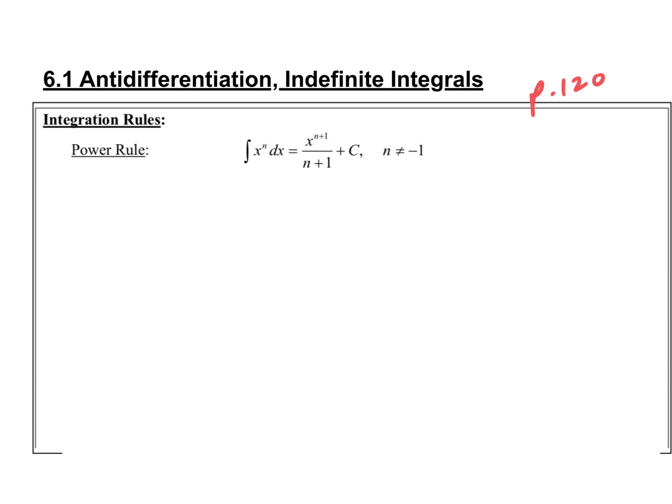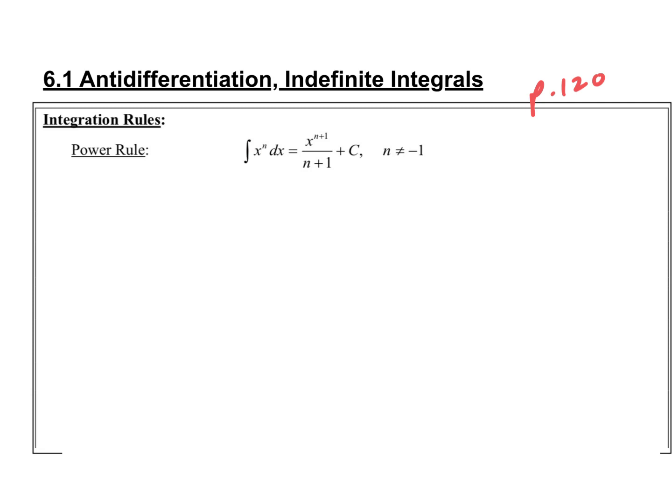So the power rule, of course, remember that it's called antidifferentiation because integration and differentiation are inverse kind of operations. So when we're working the power rule for integration, we kind of work it backwards. With derivatives, the powers always go down.